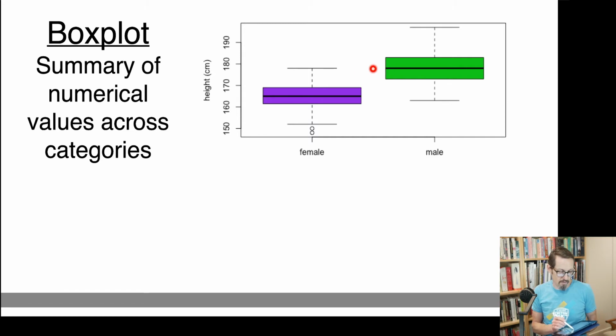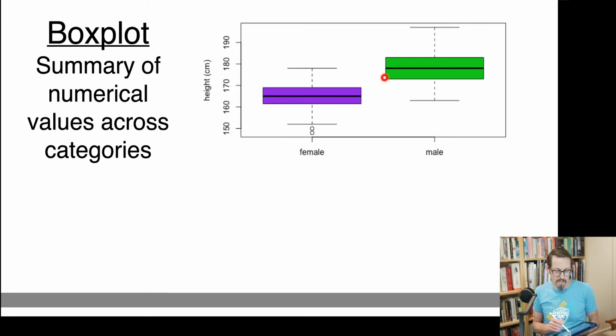For males, it looks like it's in the neighborhood of 177 or so. Okay? So that's what that big dark line is. It's the most common. It's the median, for those of you who know some statistics, it's the median measurement. Okay?